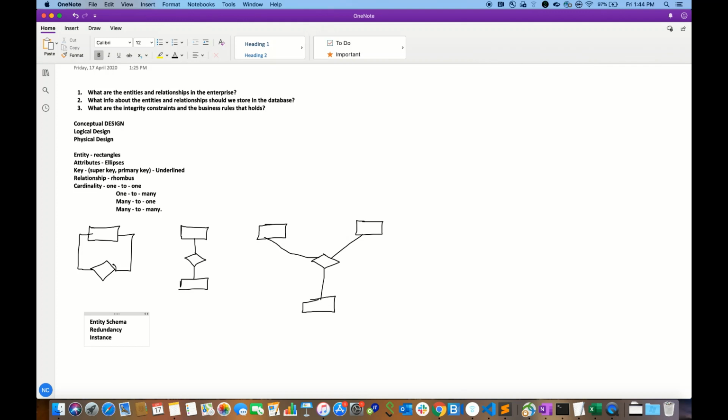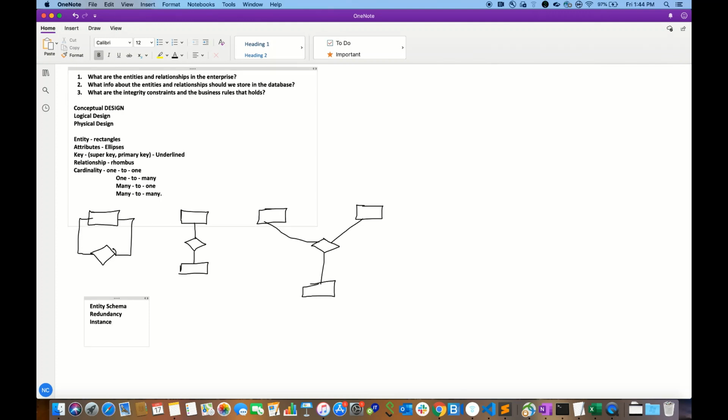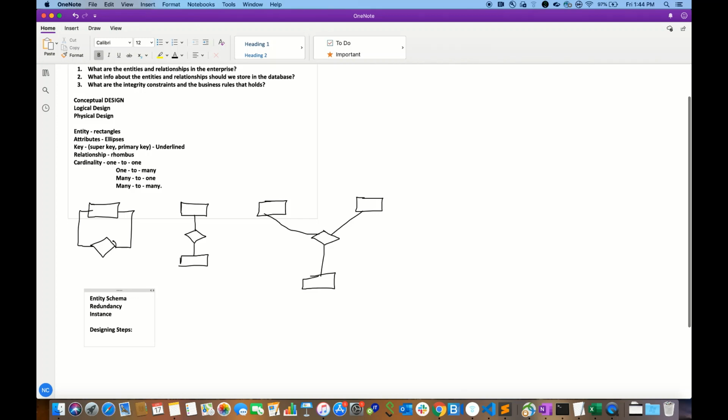Well, now it's time to know the steps in designing an entity relationship diagram from the user's requirements. Let me just write down the designing steps. The first step is we need to identify entity types.